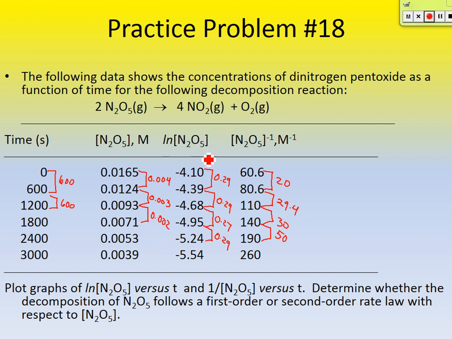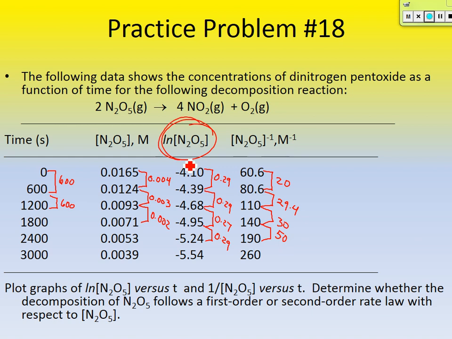Then we went to the second one, the natural log of the concentration. We noticed, guys, that it's always about 0.29 difference. If we plotted that versus this, it would give us a straight line. So I think that one's our answer, but then we checked the final one. 20, 29, 30, 50. It's definitely not going to give us a straight line.